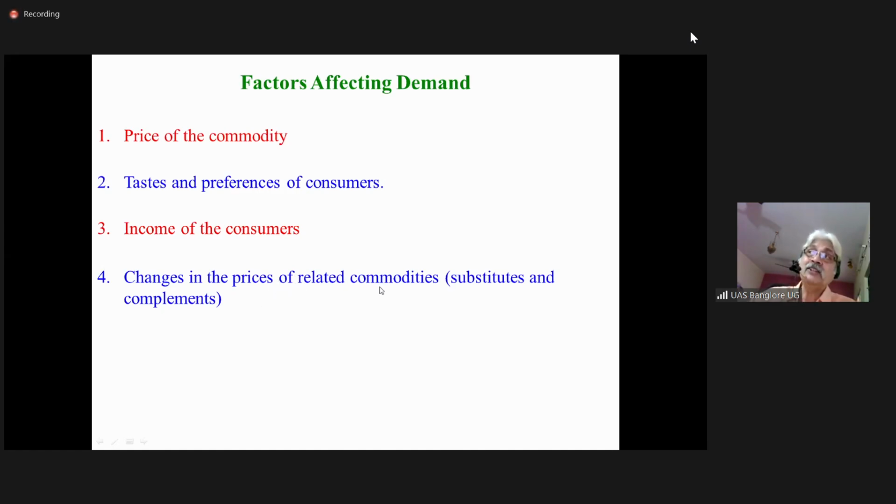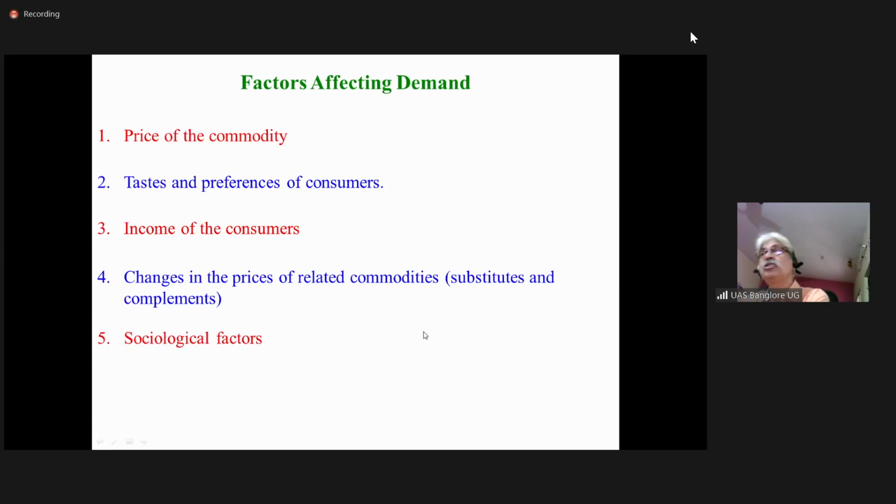If the price of coffee increases, the demand for tea is affected. If the price of petrol increases, the demand for cars is affected. So changes in the prices of related commodities also affect the demand for a particular commodity.